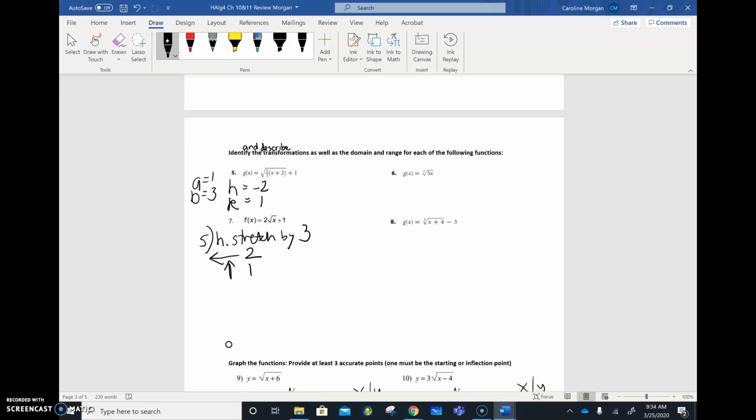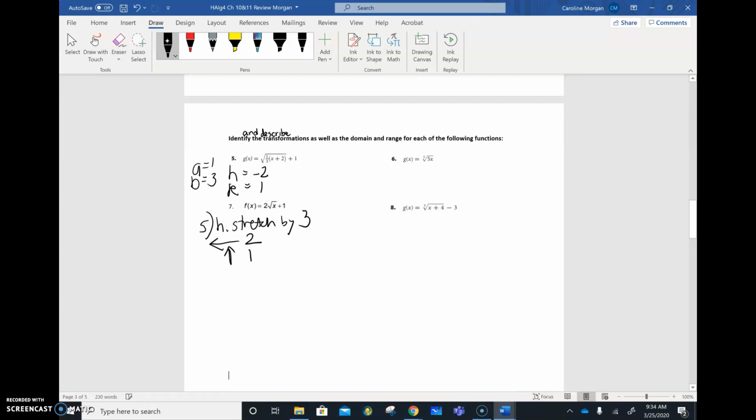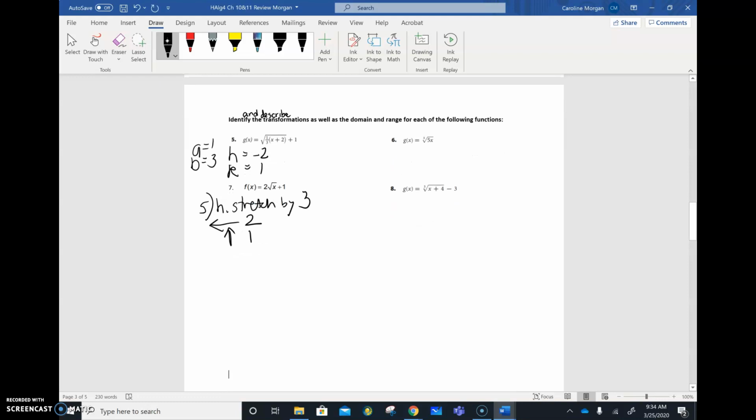Okay? So now we have to find domain and range. Remember our rules or our process there. We're looking just at 5 right now. So for domain, I have to take whatever is under that square root and make sure that it's greater than or equal to 0. All right, we're going to multiply both sides by 3.